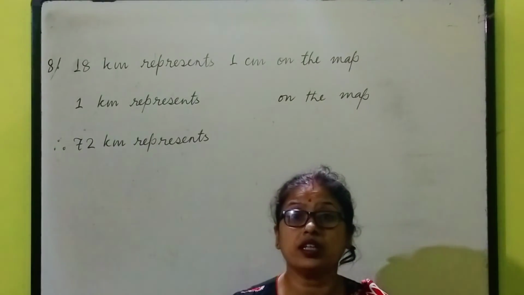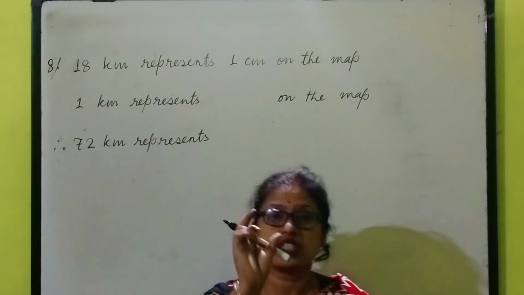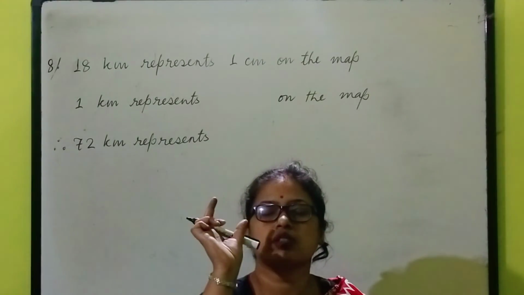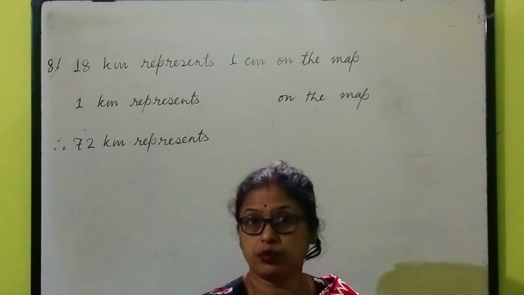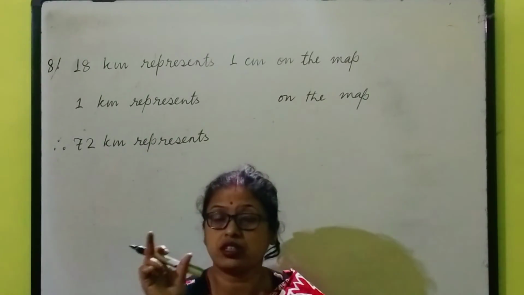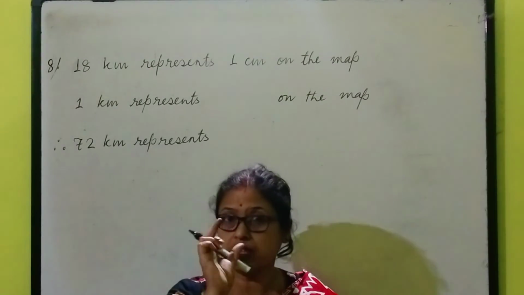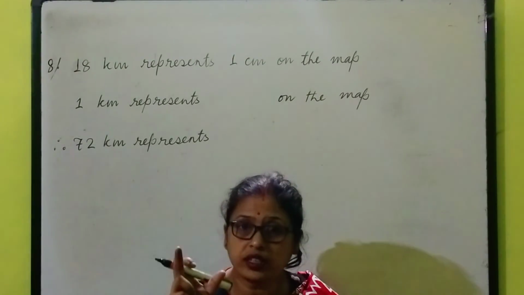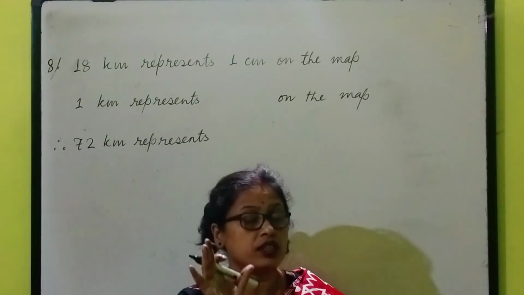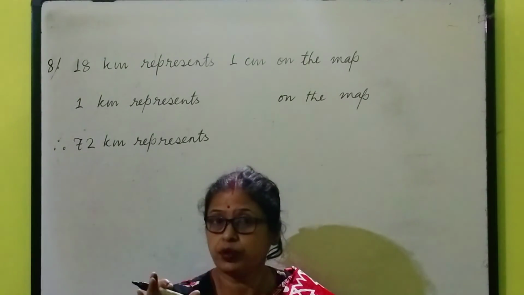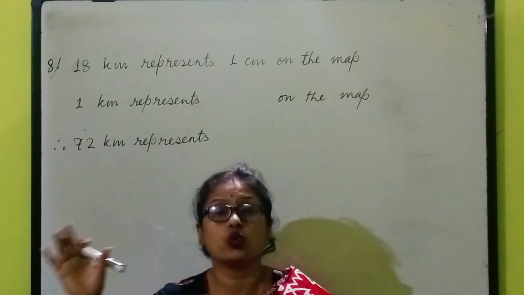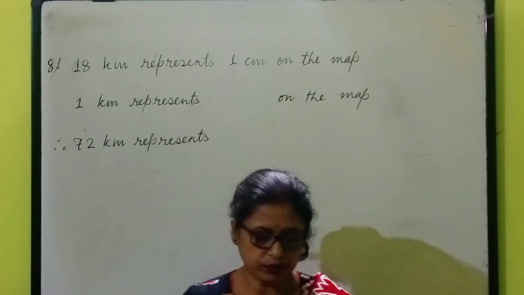That is why we make the road map taking some scale. 100 km is represented by 1 centimeter, 200 km 2 centimeter, 300 km 3 centimeter. That is why 3 centimeter on the map is represented for 300 km road distance. Okay?